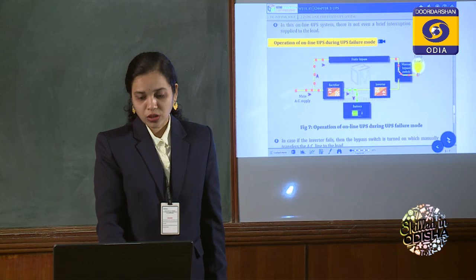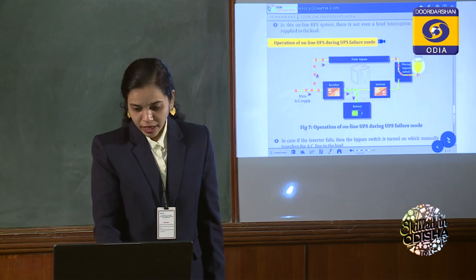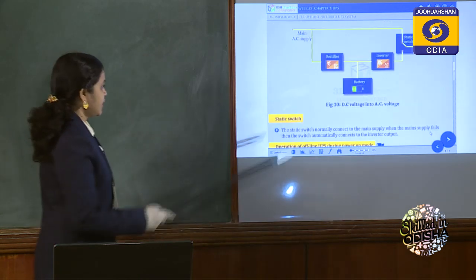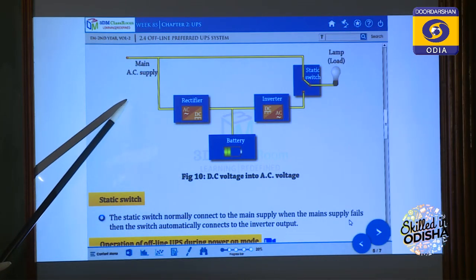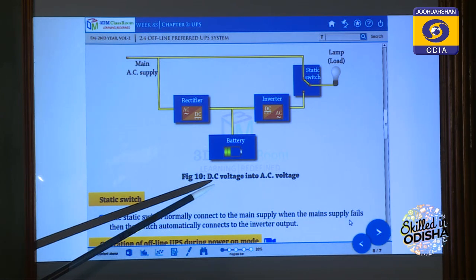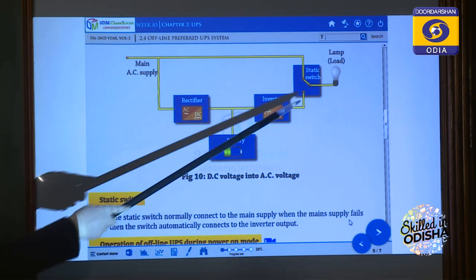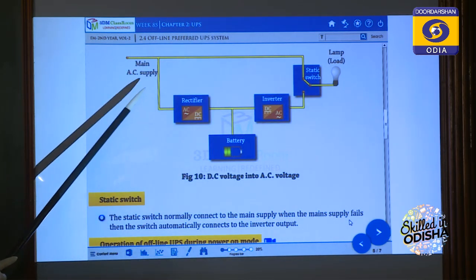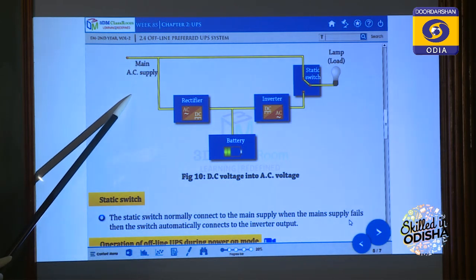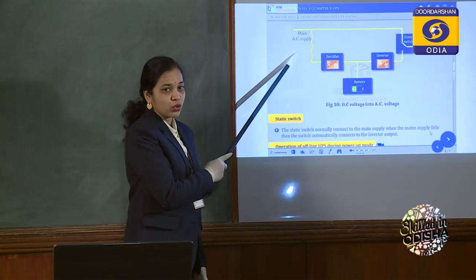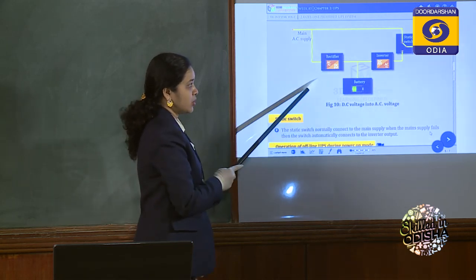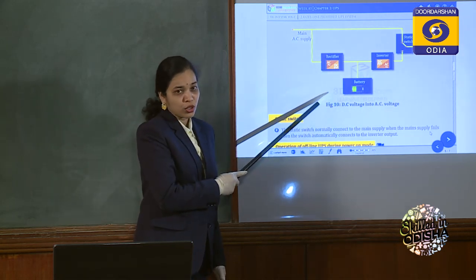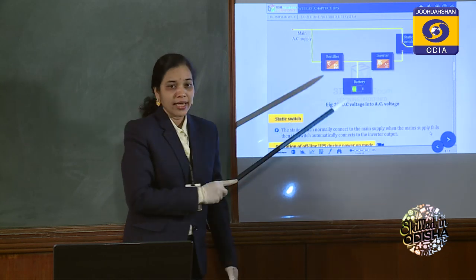Now we will see what offline UPS is. Offline UPS is also called standby power supply. This is the block diagram of the offline power supply. Our load is connected to the AC mains, which is the primary source of supply, and the inverter section is the secondary source, also called standby mode.